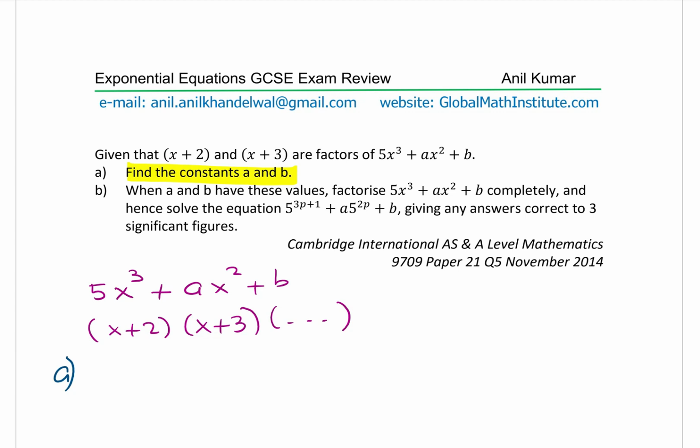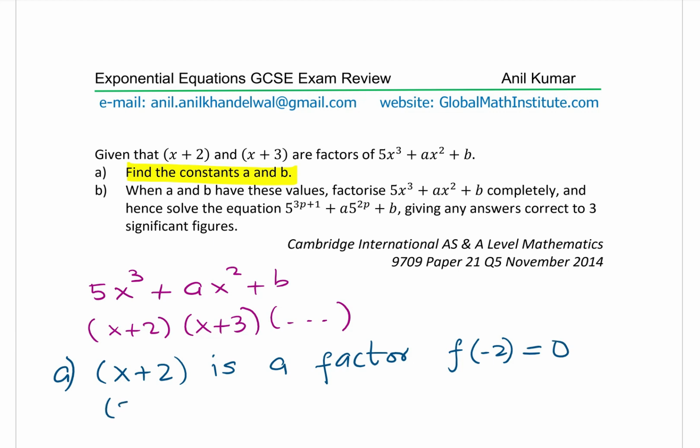Now, when I say that x plus 2 is a factor, it means what? X plus 2 is a factor. It means that if I substitute in my function the value minus 2, I should get a 0. Correct?